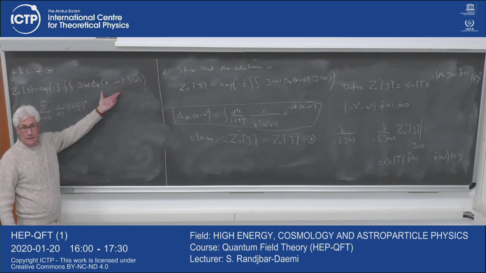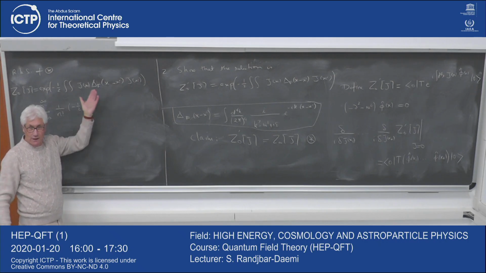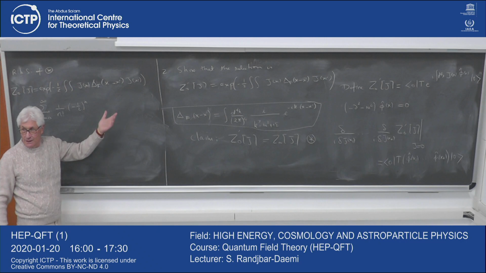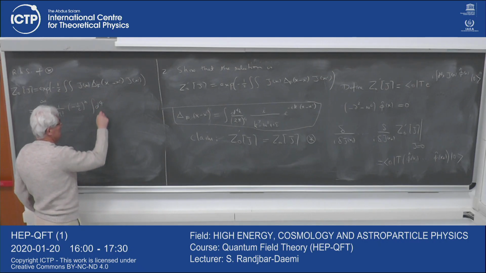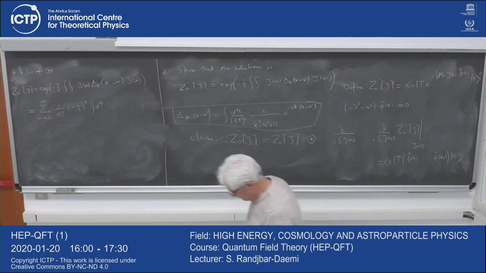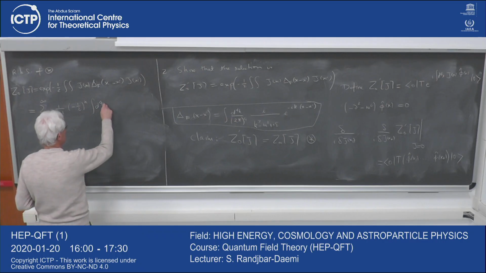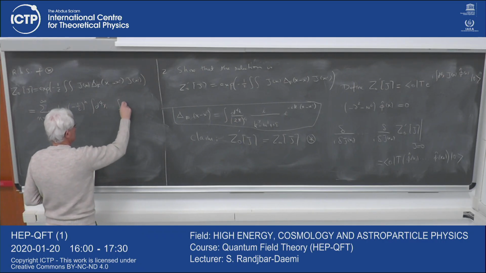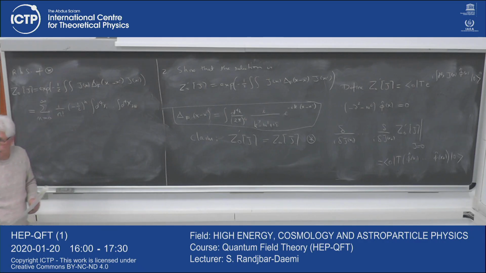Okay? Each element in the exponent has a double integral over x and x prime. Therefore, when I write the nth power of it, how many integrals will there be? 2n. So let me use the same notation as here. I will write those integration variables as d^4x1 to d^4x2n instead of x and x prime, for uniformity of notation.